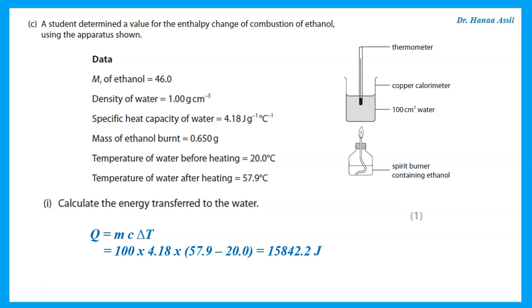So if I have 100 cm³ of water, it is the same as saying 100 grams. So that's m. c, we're always given 4.18. Even if we're not given, you should know it is 4.18. ΔT is the difference in temperature, so it's the big minus the small. This gives an energy in joules. So this is the quantity of energy transferred to water in joules.